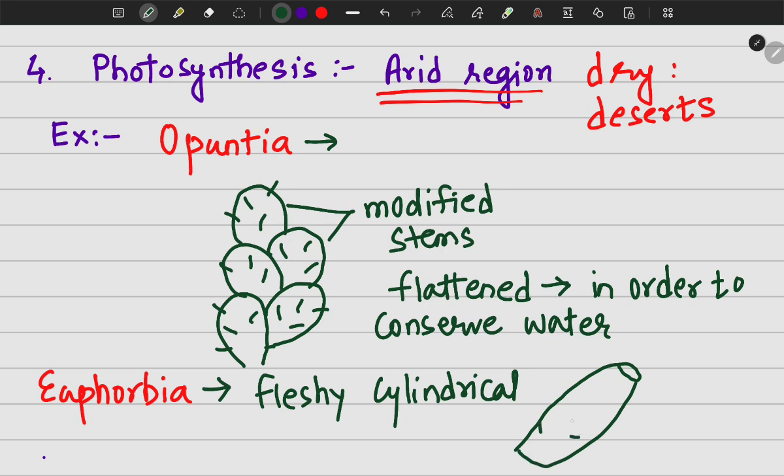Fleshy cylindrical structure, it will be like this, and they will carry out photosynthesis. So I hope this modification is clear. The examples are Opuntia and Euphorbia.